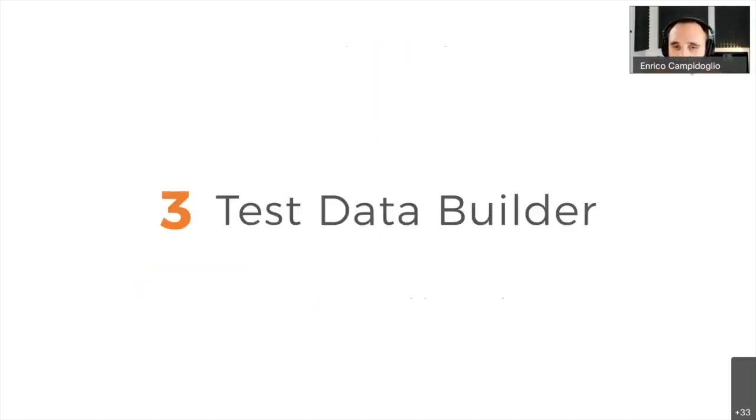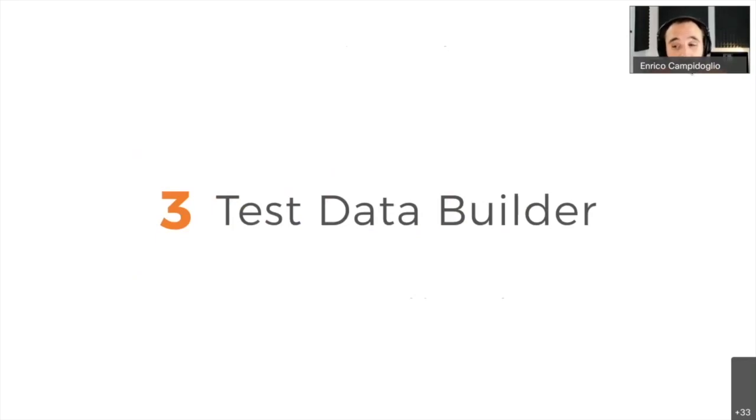The third and final unit testing pattern is called the test data builder, that actually, no pun intended, builds upon the other two. Now, if you remember what we just said, we can leave some values anonymous when we write tests, as long as they exercise the code that we are interested in verifying.